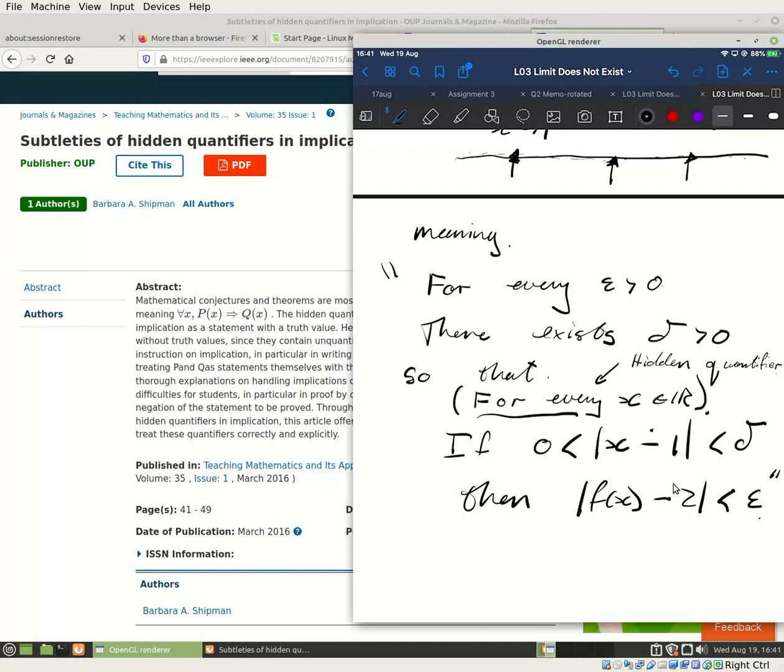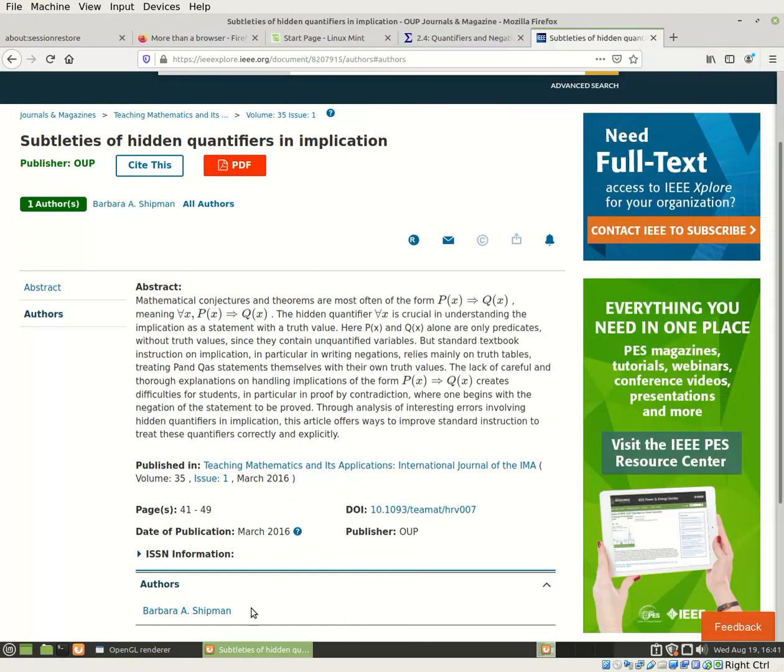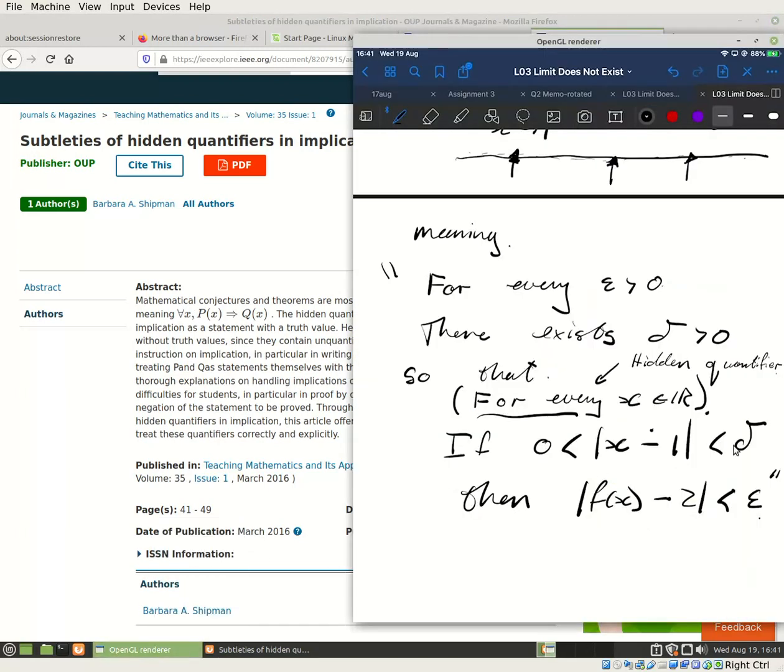And you see here, if you compare with Barbara Shipman's paper, here we have some predicate depending on x implies some other predicate depending on y. And this is exactly the situation that we are in. Here we have some predicate depending on x implying some other predicate also depending on x.